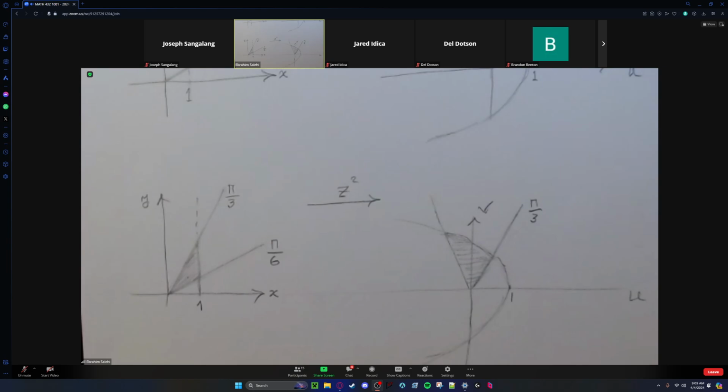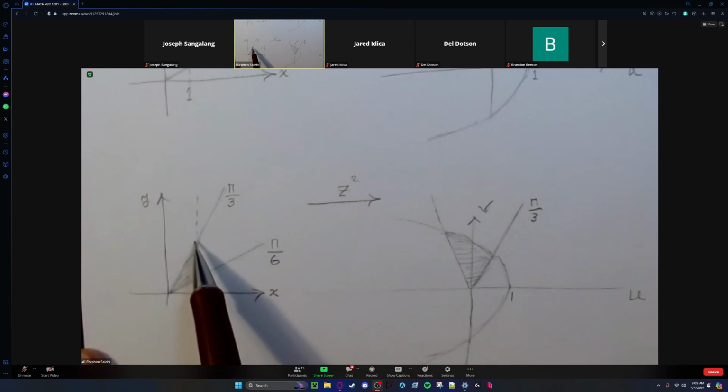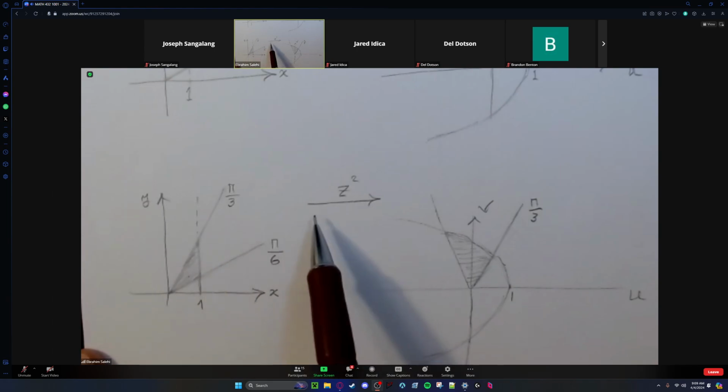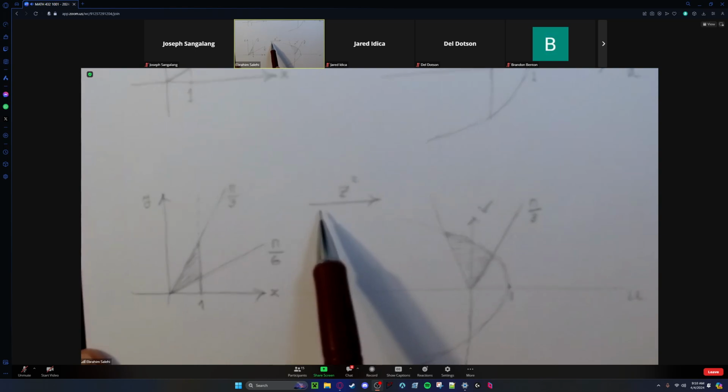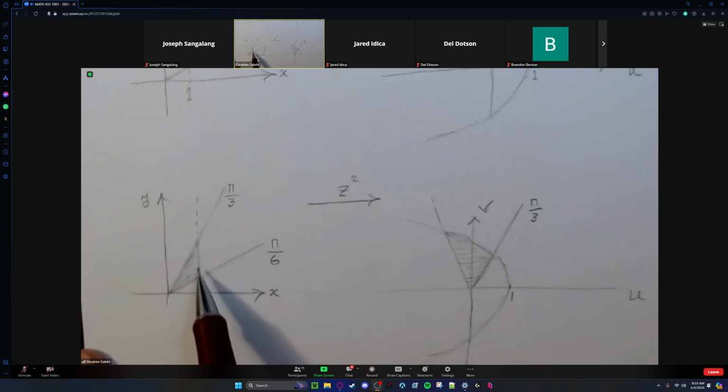Oh, you are going to have questions like this. I will give you this triangular or some triangular regions or any region, and I'll ask you, okay, find the image of this triangular region under z squared. What happens if you apply z squared? What happens to this triangular region?